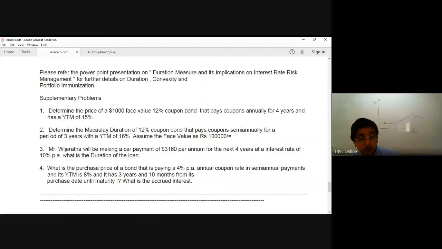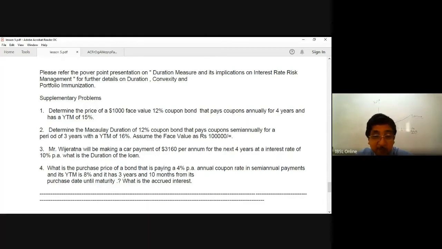Now, how are we going to do it? Though it's a loan, it follows the same principle as a bond. Only thing is you have the same payment each time. When it is a car payment, for the bank, it's a receipt.